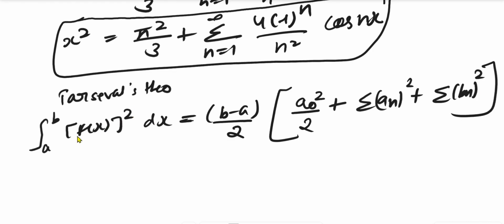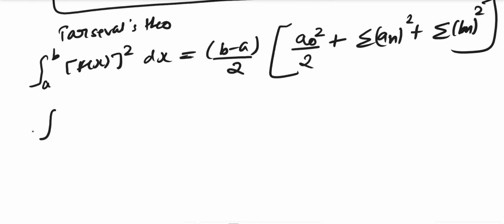So using this we will find integration a to b f of x whole square dx, through which we will get the summation series that we need. f of x was x square, so it is integration a to b f of x, which is x square, whole square with dx is equal to b minus a divided by 2.